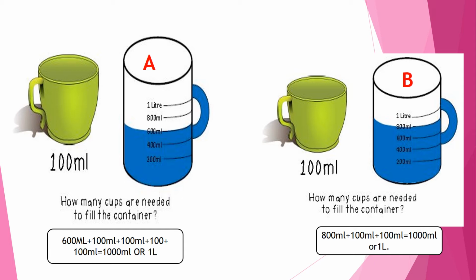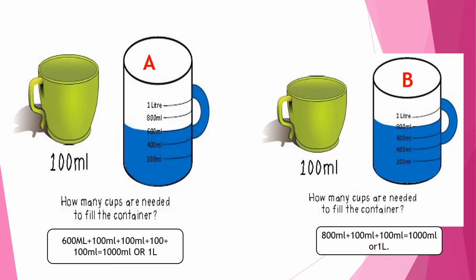How many cups are needed to fill container A. Container A, remember, has 600 milliliters of water already. Now, how many cups of 100 milliliters do we need to add to 600 milliliters to give us 1 liter?